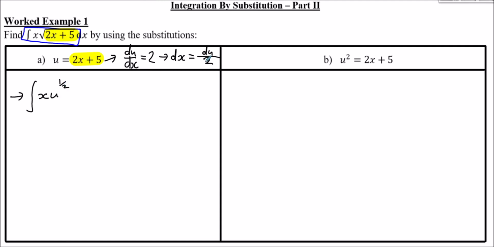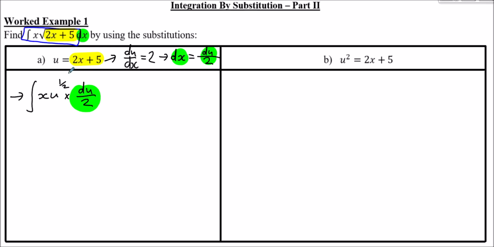And then we've got dx, which we're going to replace with du over 2. But as you can see here, this isn't particularly helpful because I've still got an x, so I've got a mixture of different variables now. So this seems like panic stations perhaps, but as long as we keep our heads, we're absolutely okay.